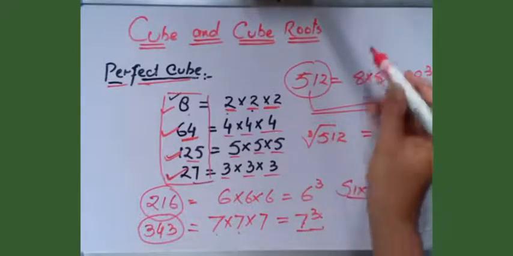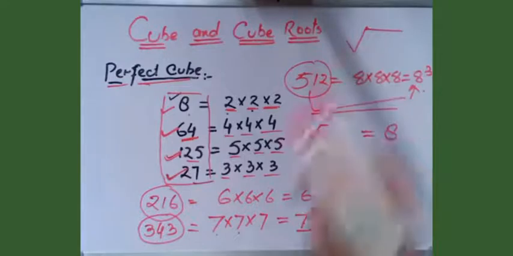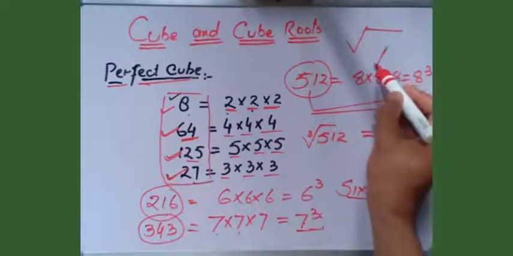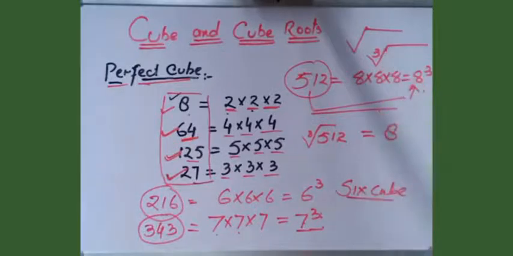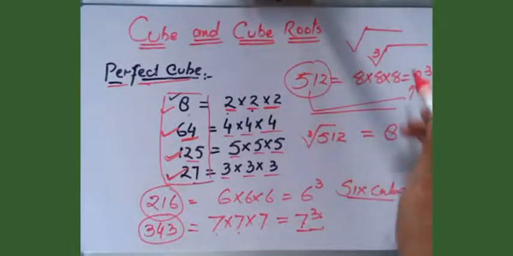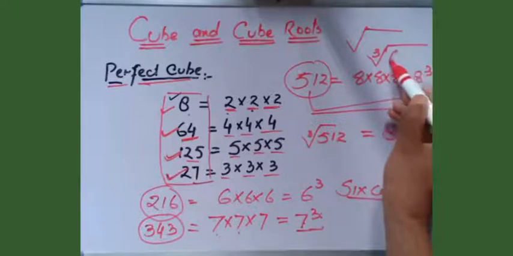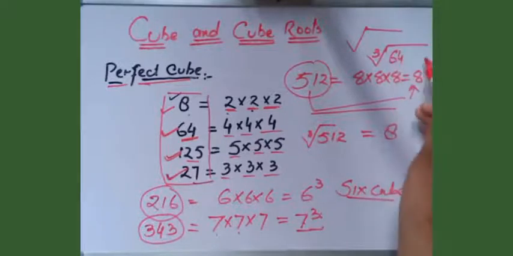Square root is represented by this, but in cube root we put number 3 here. Okay, that's called cube root. So cube root of 64 is equal to 4.